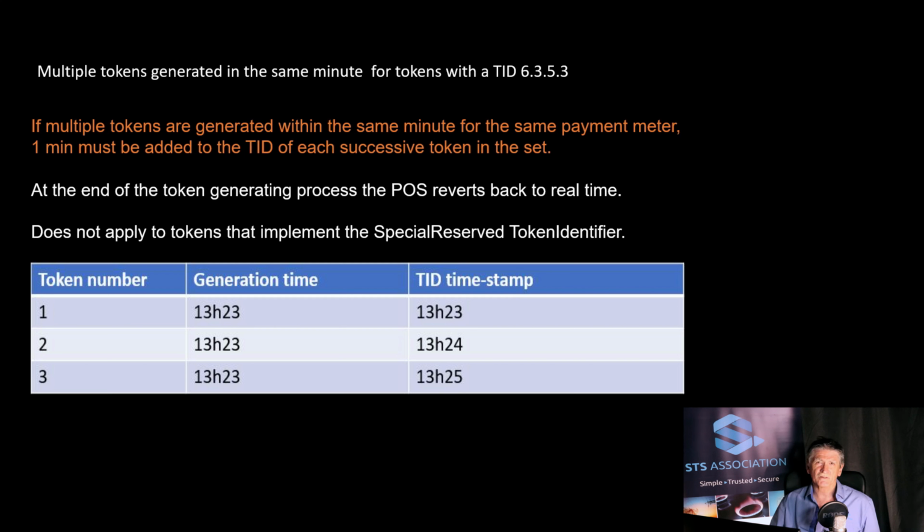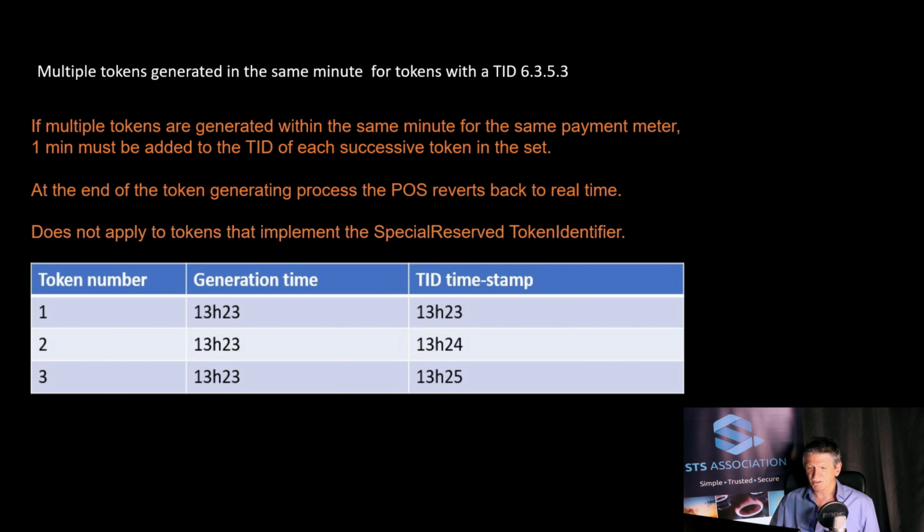So in other words, if you generate 3 tokens within 1 minute, starting at 3 o'clock, the first one will be 3 o'clock, the second one will be 3:01, and the third one will be 3:02, although you've generated them within 1 minute. At the end of the token generating process, once it is completed, the point of sale reverts back to real time. This does not apply to tokens that implement the special reserved identifier we've just spoken about.